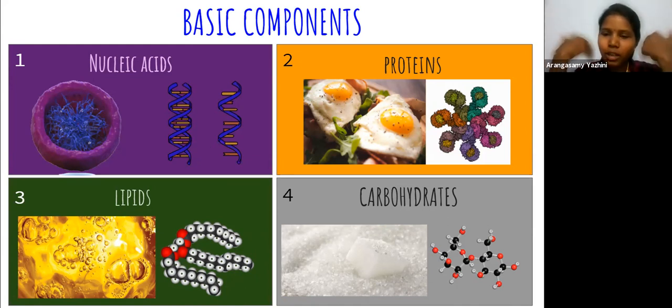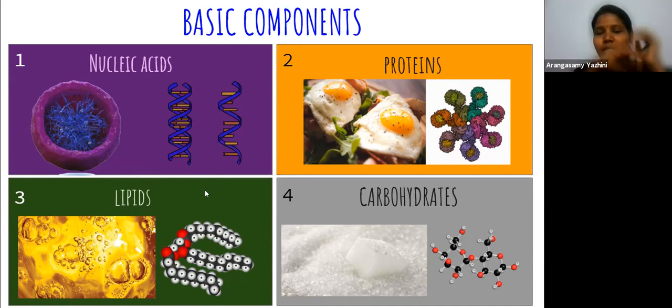It has to digest whatever we eat, and it has to synthesize for the cells to function. So basically the nucleic acids and proteins are the synthesizing materials. Cells synthesize nucleic acids and proteins, while carbohydrates, made up of different types of sugars, and lipids, which we eat as oils and so on, can be used to give the energy for the cells to produce these molecules and perform their function.